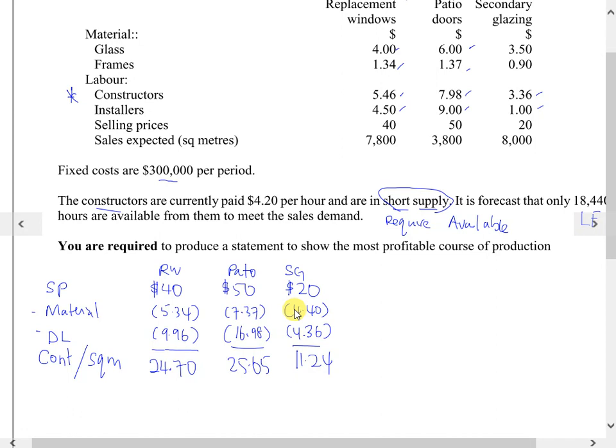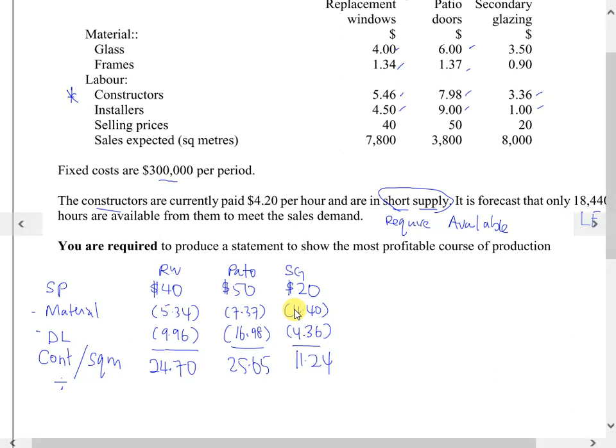Actually, after that, divide by the limiting factor. Which one is my limiting factor? Constructor's labor hour. So how many hours are required to produce RW? It was never stated, so calculate. The earlier example I also did not mention.